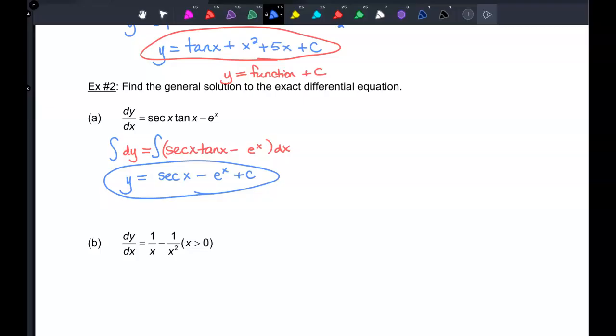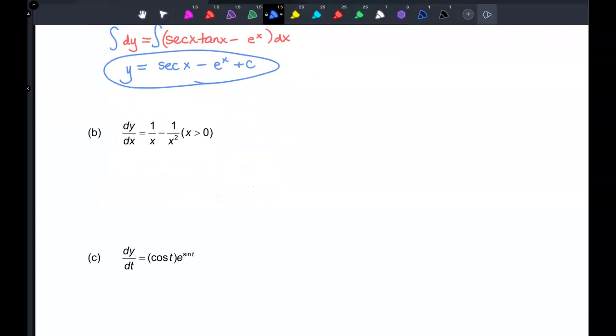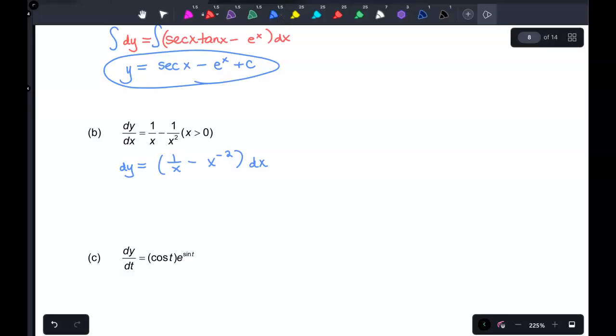We can also check to see if we got the right answer by taking the derivative. And we're good. Do you see how this is essentially what we've already been doing? It's called something different. We're solving a differential equation. So I have dy equals 1 over x squared. I'm going to write this as x to the negative 2 dx.